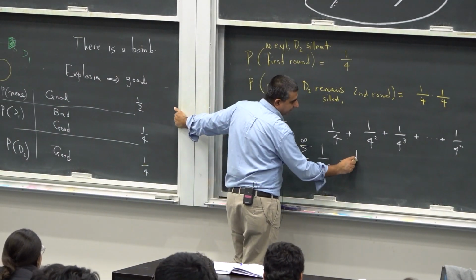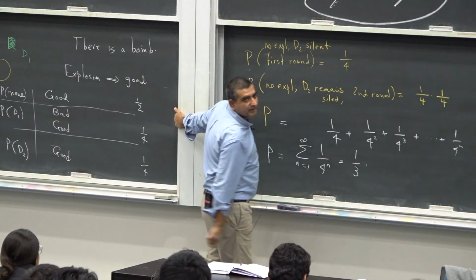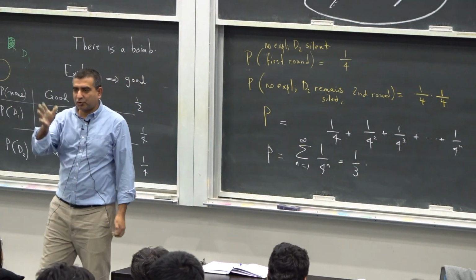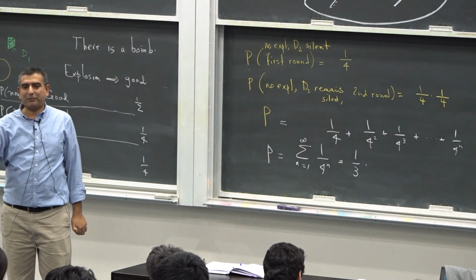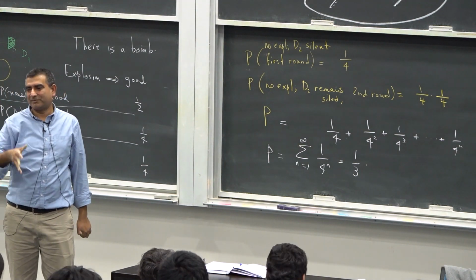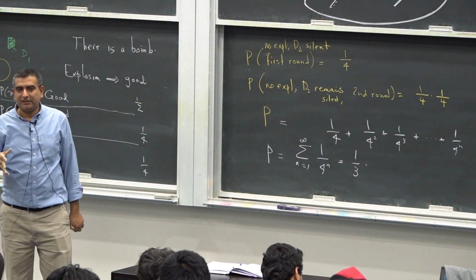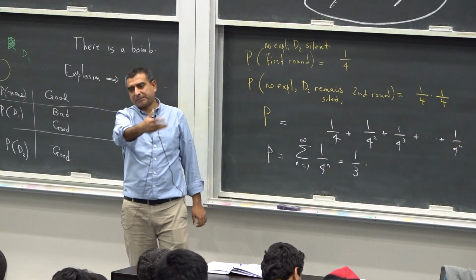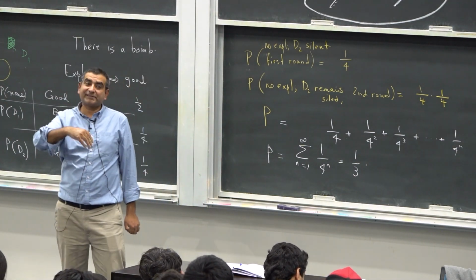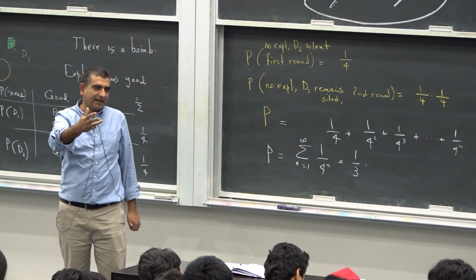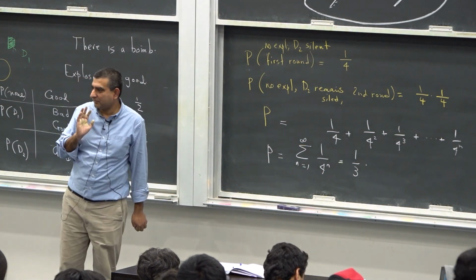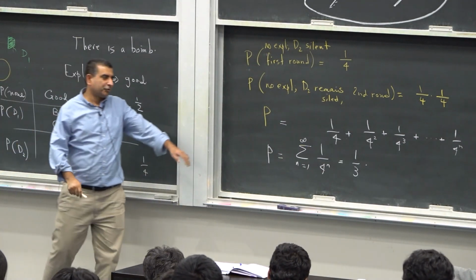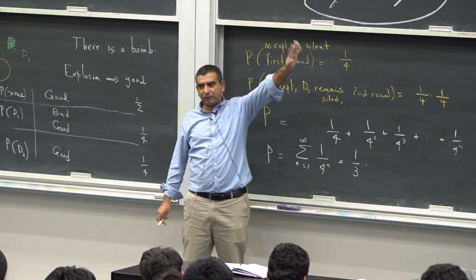This is going to be 1 by 3. So now there's a 1/3 probability that this is a good bomb, if in a long sequence of experiments, the detector D2 has never clicked and neither has there been an explosion. So now we've increased this probability from 25% to 33% with the help of photon recycling.